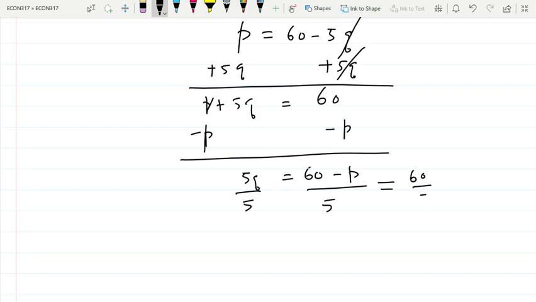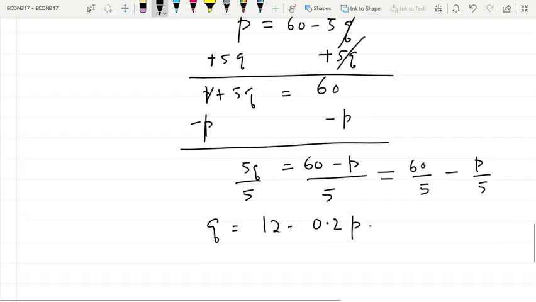So the right hand side could be rewritten as 60 over 5 minus P over 5, or Q equal to 12 minus 0.2P. So if we are given the inverse demand function, we can find out the demand function as well.